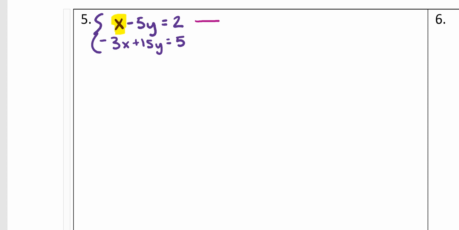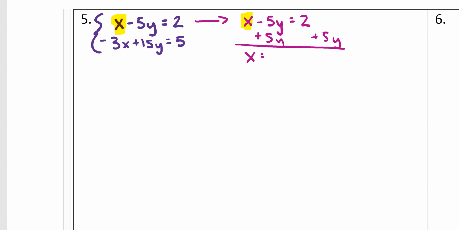So that's what we're going to do. I'm going to pull the top one out to the side. x minus 5y equals 2. Solve for this x right here by adding 5y. So x equals 5y plus 2.